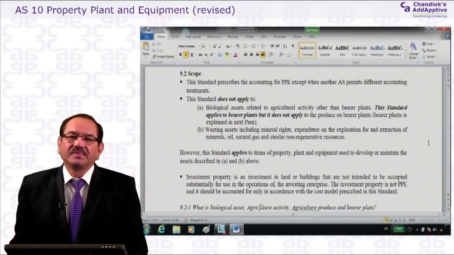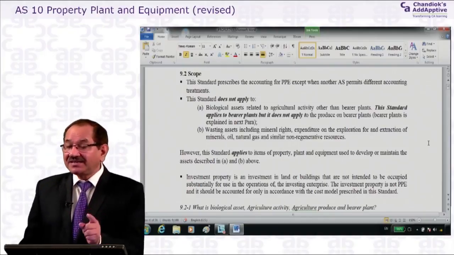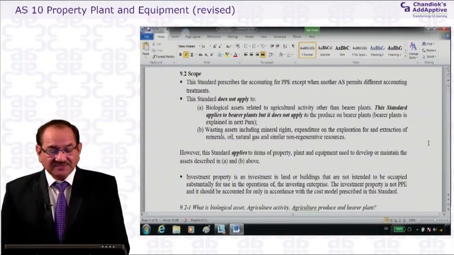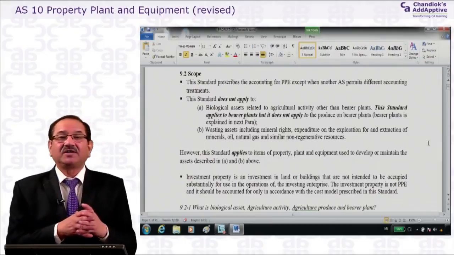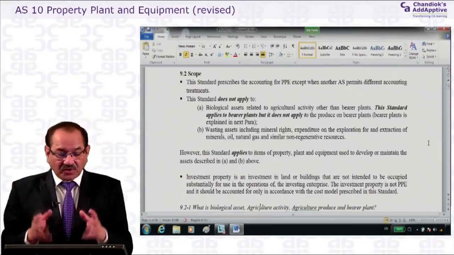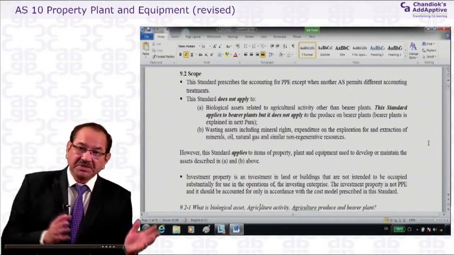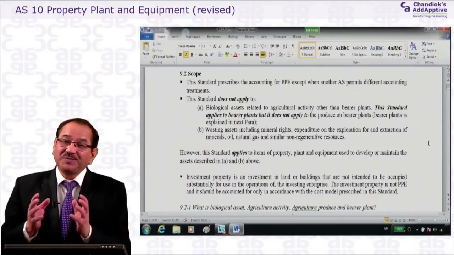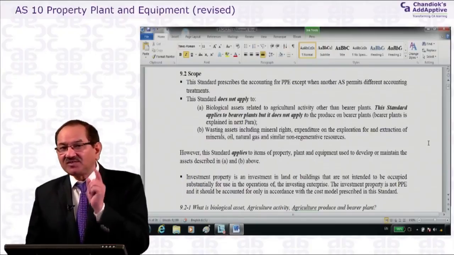These drilling machines are property, plant and equipment. So if you have purchased certain equipment for biological assets, for wasting assets, for exploration of mineral oils, all these machines will be part of property, plant and equipment, and AS10 will apply to them.